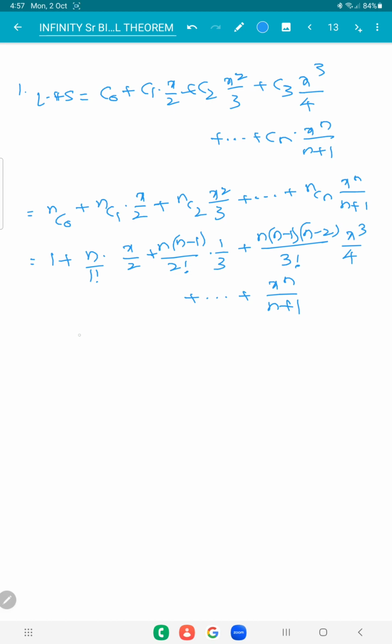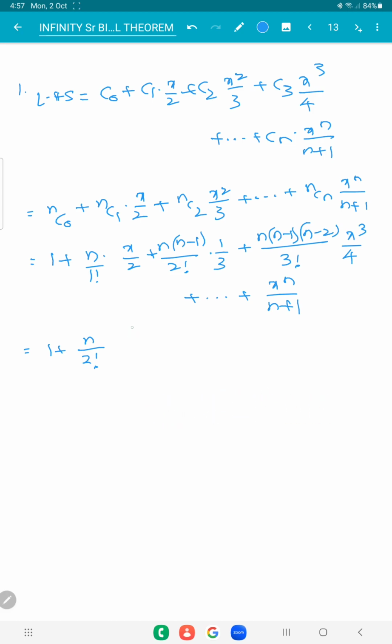Listen to me carefully here. We can write 1 plus, this is n by 2 factorial into 2 into 1 factorial. 2 into 1 factorial is 2 factorial. 3 into 2 factorial is 3 factorial. Because n into n minus 1 factorial is n factorial only.